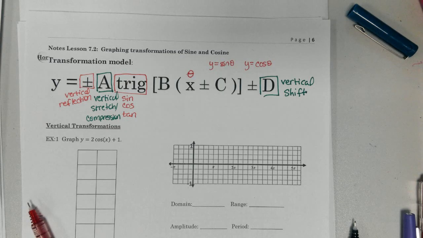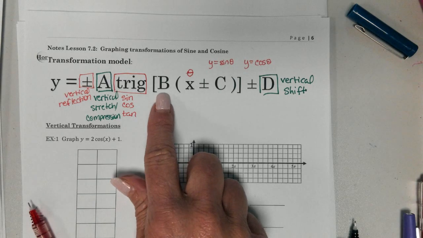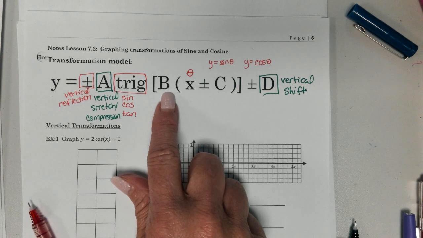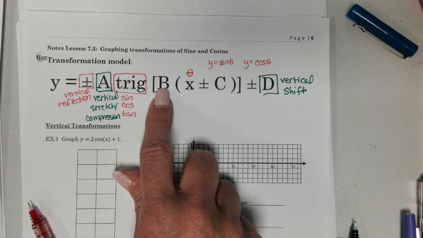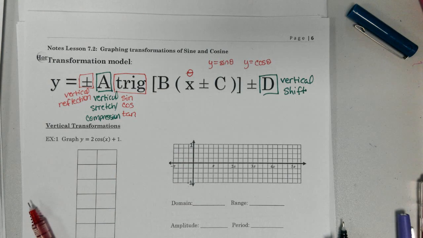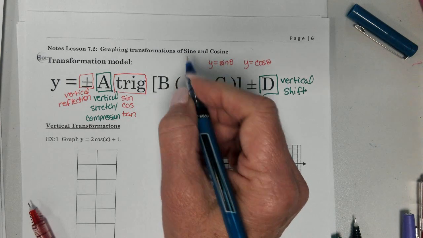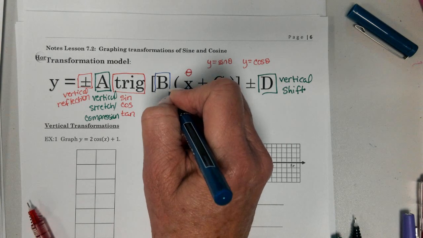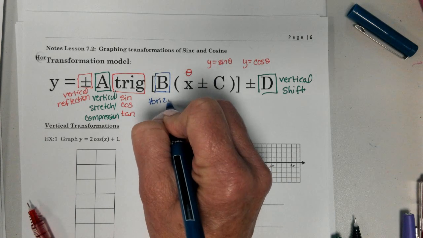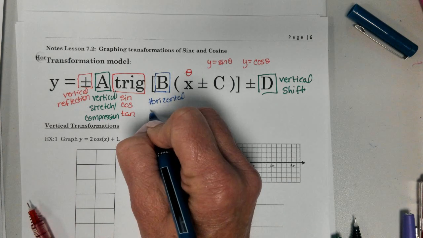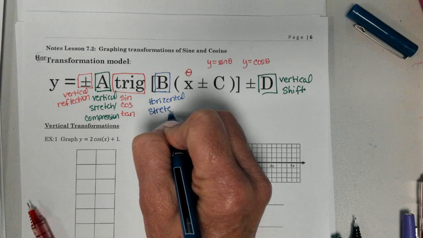Now, just like our others, especially quadratics, that's one that I think of, we wrote it out in a way so that we could see what impacts it horizontally and what impacts it vertically. This value right here, which normally would be the coefficient of theta, is the horizontal stretch or compression.